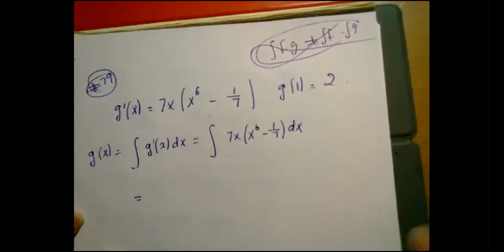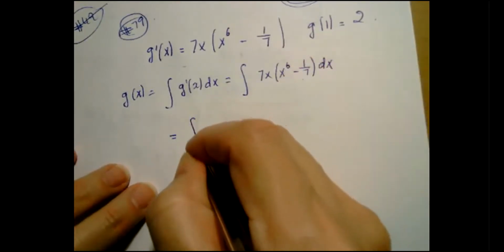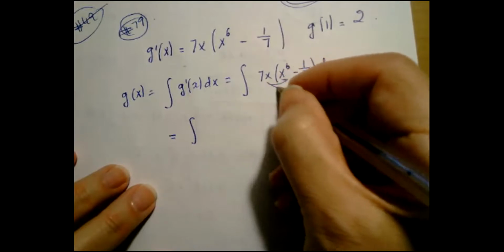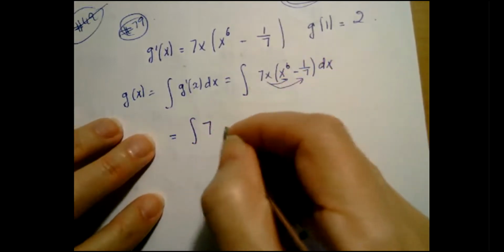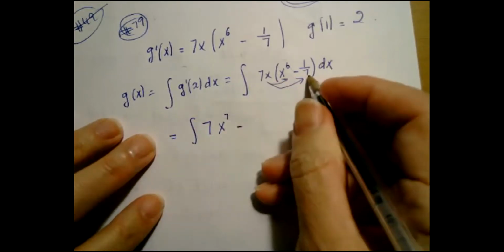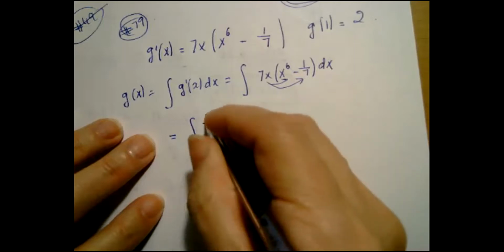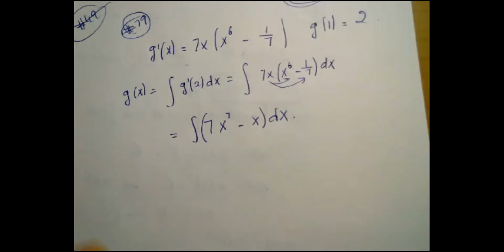We cannot really break it. So we have to manipulate. And the natural thing to manipulate here is basically to distribute. So 7x times x to the 6 will give me 7x to the 7, minus 7x times 1 over 7 will give me x dx. So I have no way out in this except distributing.